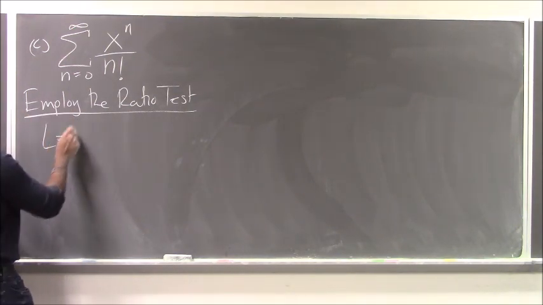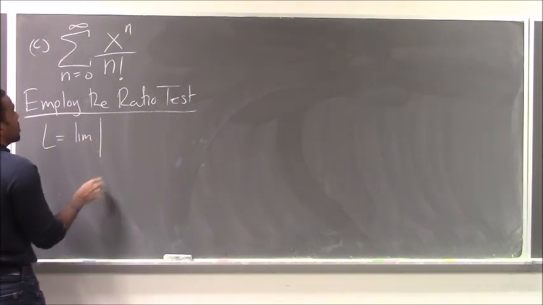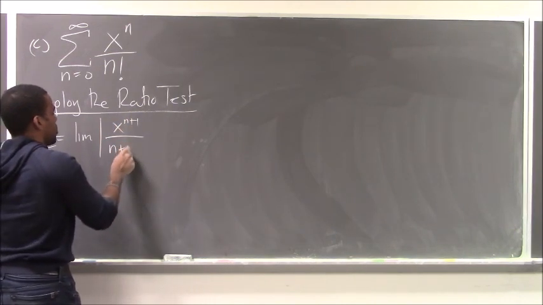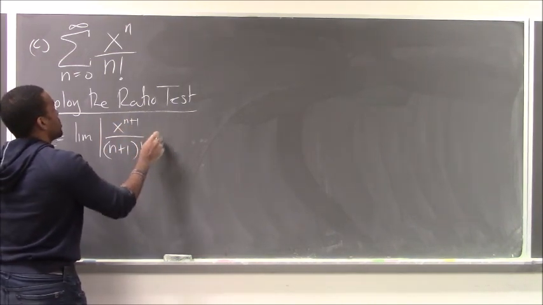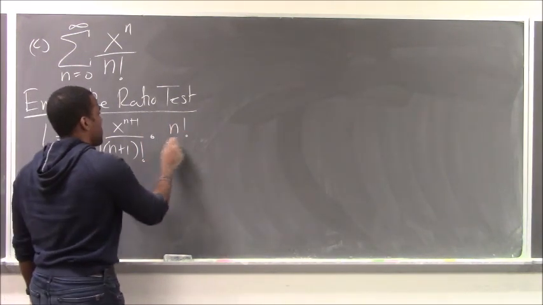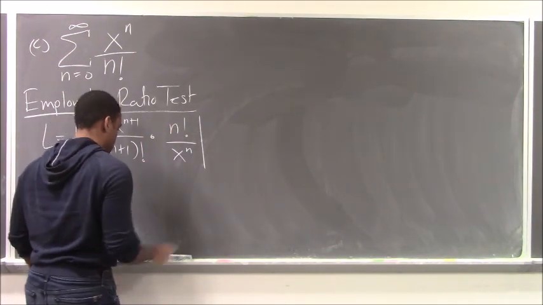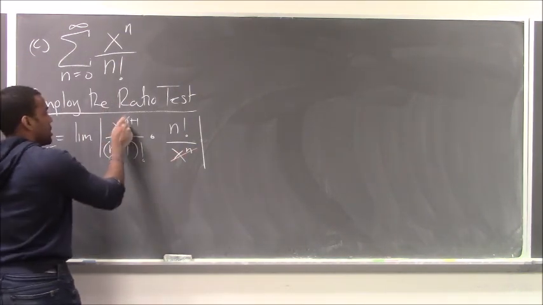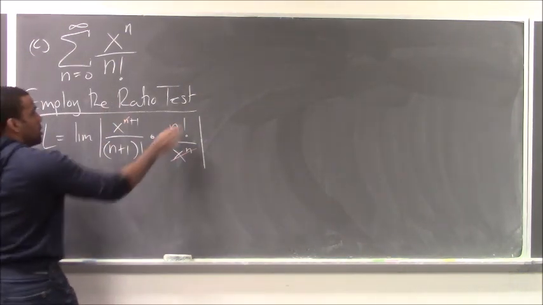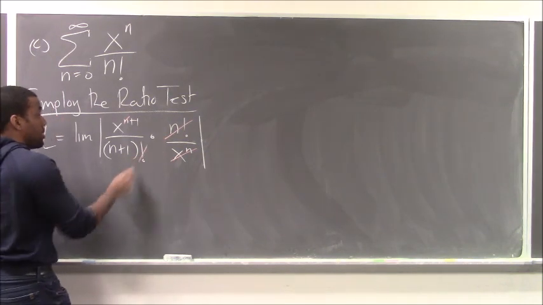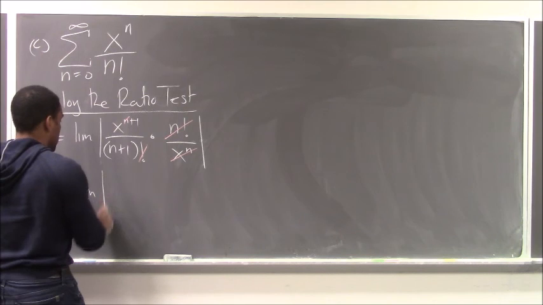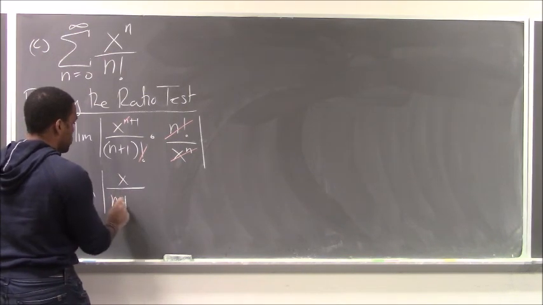We would look at the limit of x to the n plus 1 over (n plus 1) factorial times the reciprocal. That's going to cancel into that. The n factorial cancels the factorial part of that. This is going to leave us with the limit of x over n plus 1.